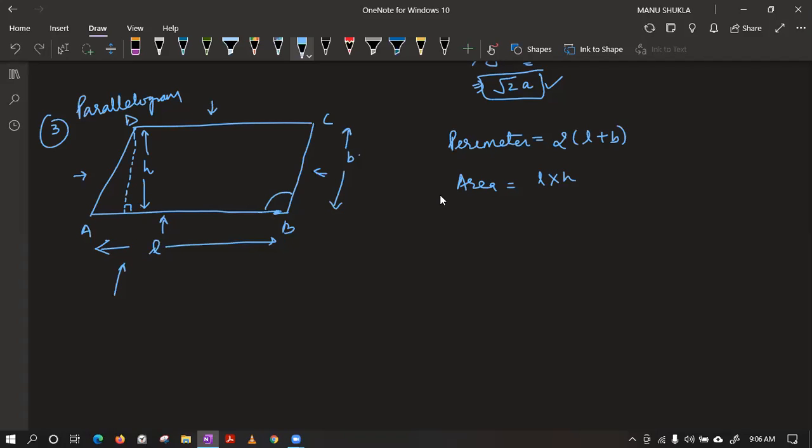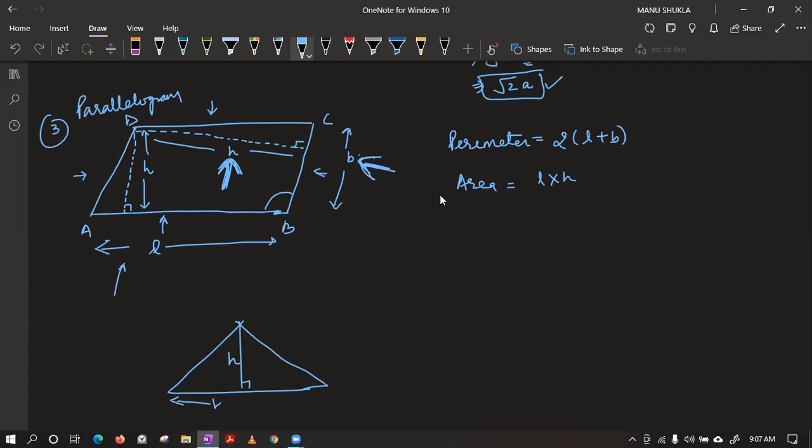If I don't take this as height and if I take this as height, then what will be the area? If I take this as height, then this will become the base. You have to understand this thing. In any triangle or whatever you are having, if you draw a perpendicular like this, then this becomes the height and this becomes the base.